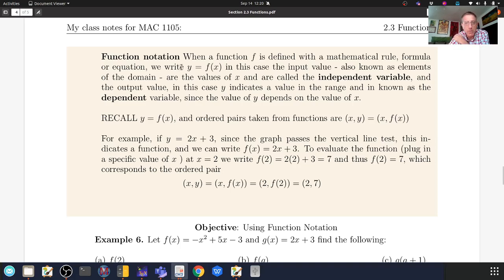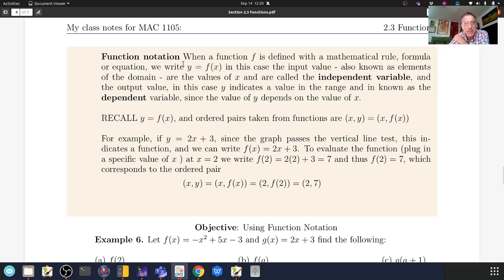So we write y is equal to f of x. So this is called f of x. In this case, the input value, which is the x value, are elements of the domain, and those are called the independent variable.